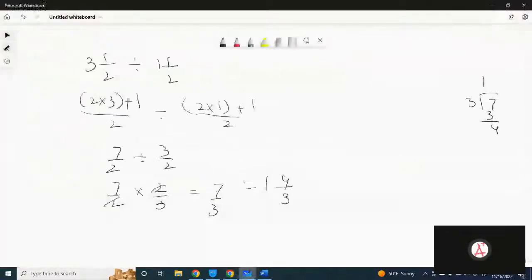Sorry, I forgot, that would be the mistake I made here. 7 over 3, 3 times 2 is 6, and it would be 1. Yes, it would be 2 whole 1 over 3.